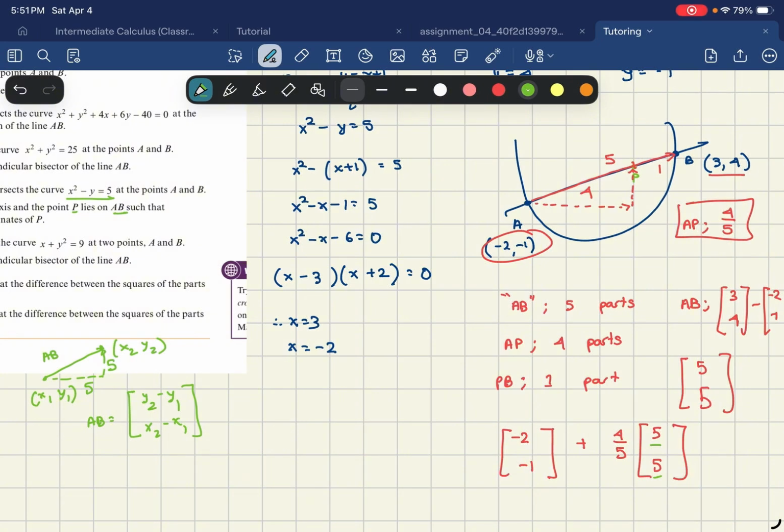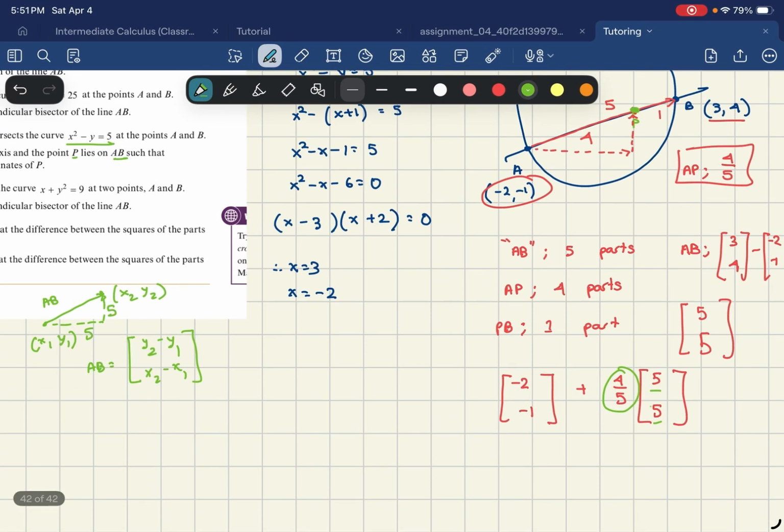And the question says to get to AP, so this is my P, it's not the entire 5 units that I'm going. I only need to go 4/5 of those 5 units. So it's only going to be 4/5 of the final vector AB, right?